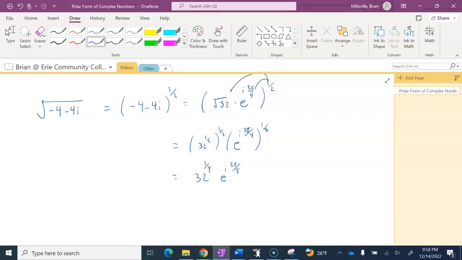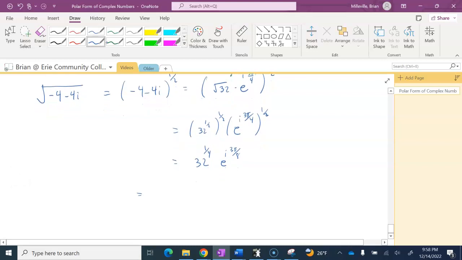This one doesn't come out great in terms of whole numbers like we had in the previous example. Let's compute this a little bit here, and then we're going to use our calculator to help us rewrite that. I'm going to leave it as 32 to the 1/4 for right now. Using Euler's formula, we could rewrite this as cosine of 3 pi over 8 plus i times sine of 3 pi over 8.